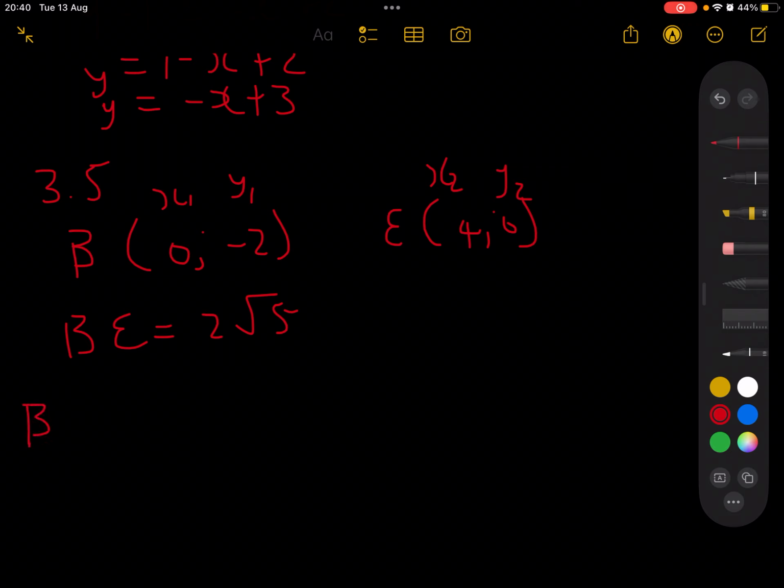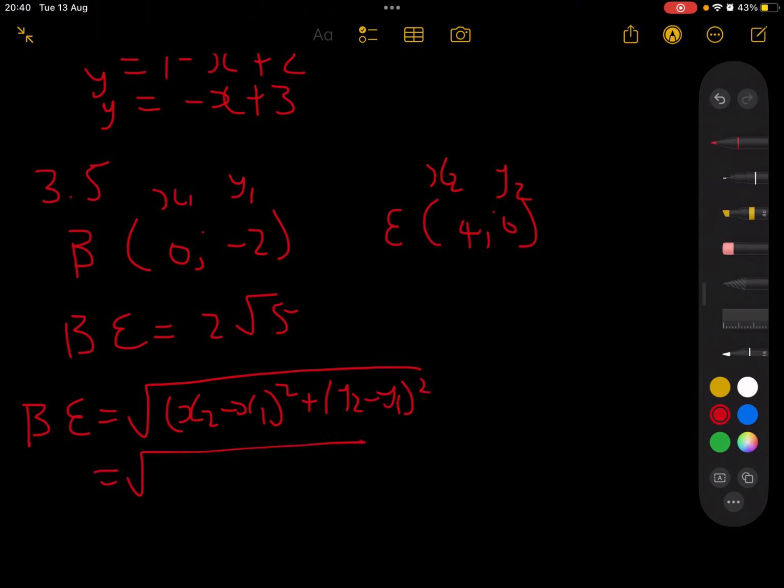So BE can be given by, also we can borrow from our knowledge of analytical geometry, the square root of x2 minus x1 squared plus y2 minus y1 squared.